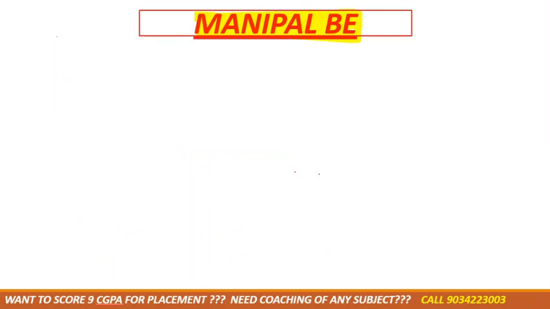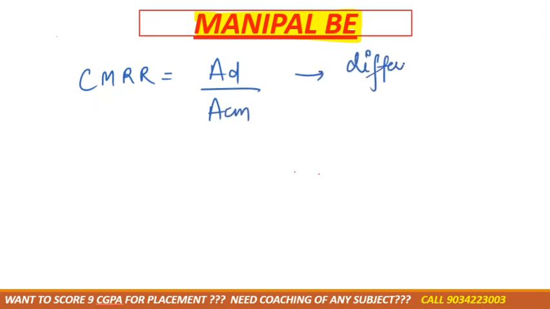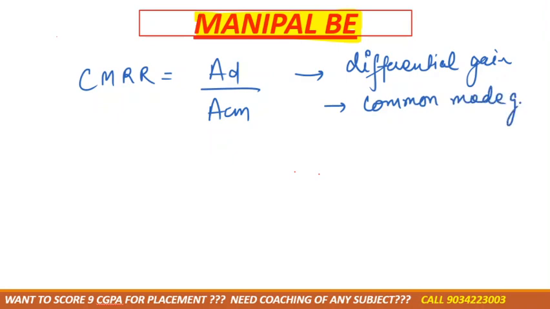So we'll have a formula based on that. CMRR is equal to AD by ACM, where AD is the differential gain and ACM is the common mode gain.